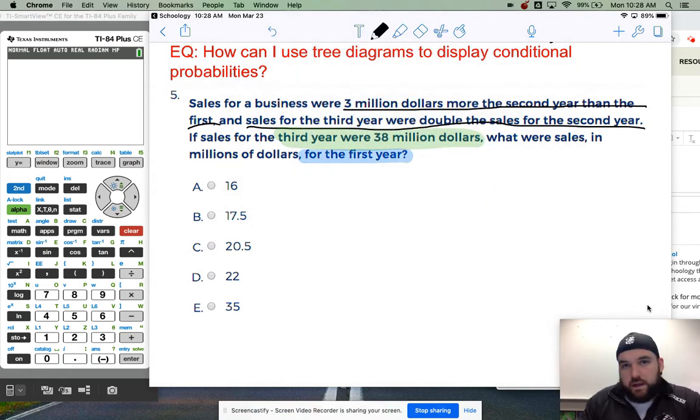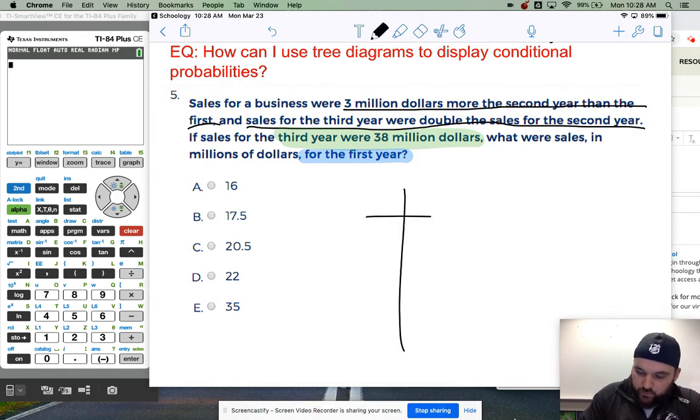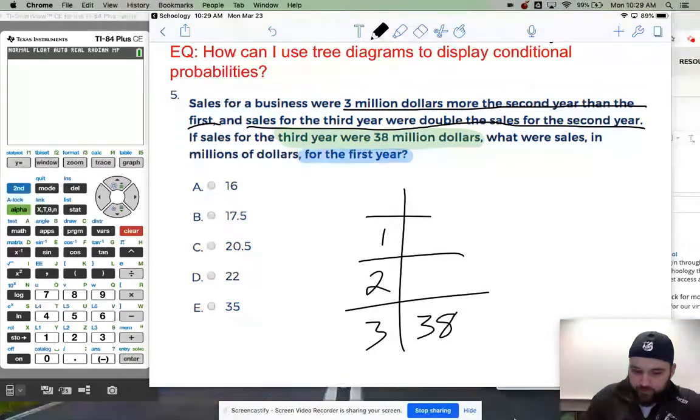With all of these multiple choice questions, there are lots of different ways you could answer it. What I'm going to do here is set up a little table. Year one, year two, year three. And I know year three is $38 million.